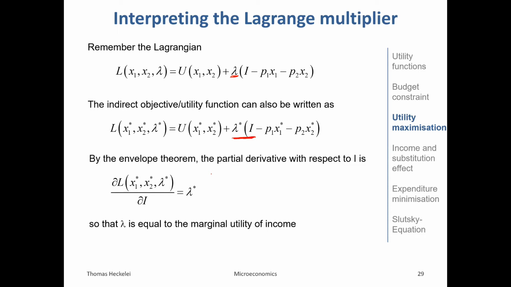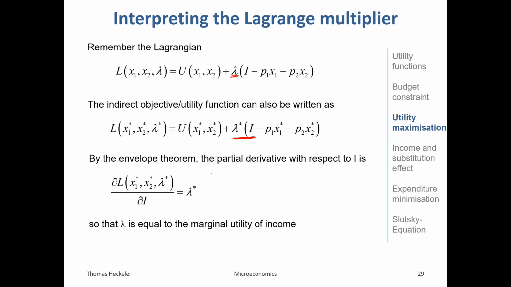And what is the envelope theorem? So I have uploaded also some material about this theorem on eCampus. Please check it out. But in general, the envelope theorem is concerned with how the optimal value of a function changes when a parameter of the function changes, right?